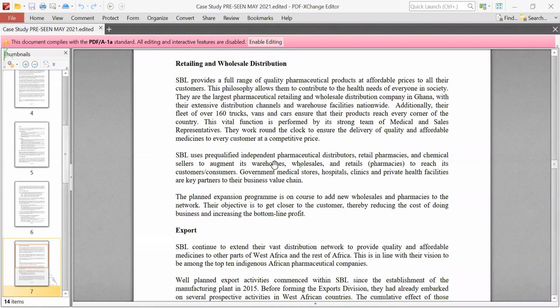It's possible that some of their money has gone to lock up with these people. They sell to these government agencies or medical stores on credit, and they haven't been paid yet.